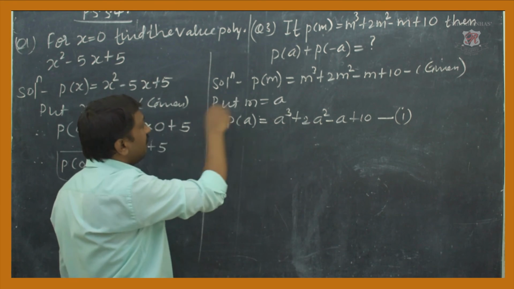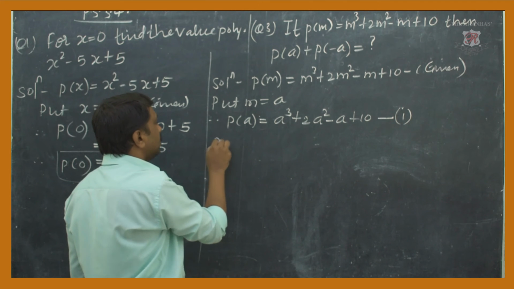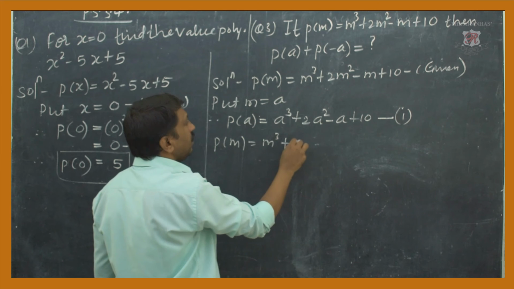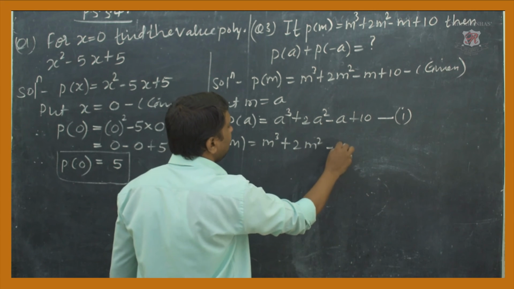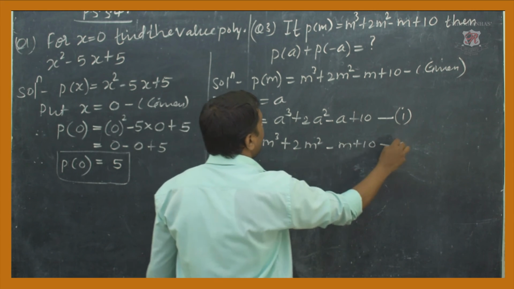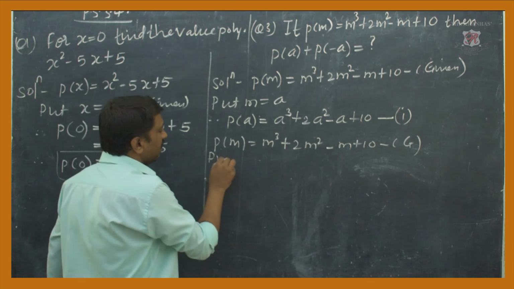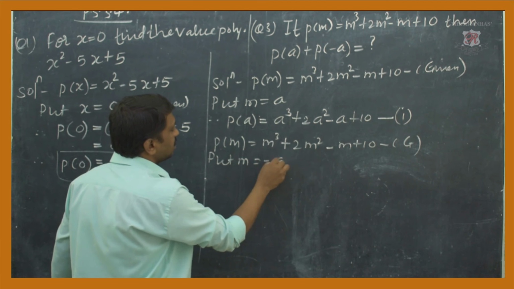Similarly again we will write the given polynomial, P(m) is equal to m cube plus 2m square minus m plus 10, and substitute the value. Here we write: put m is equal to minus a.